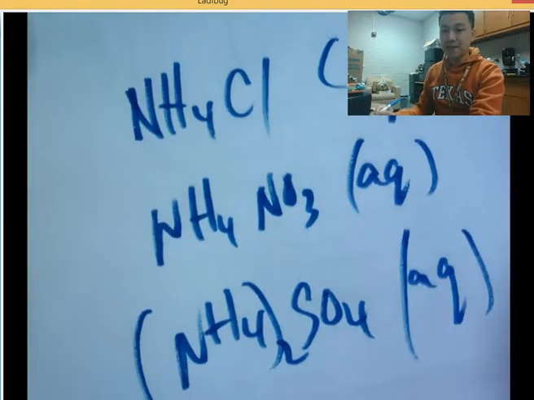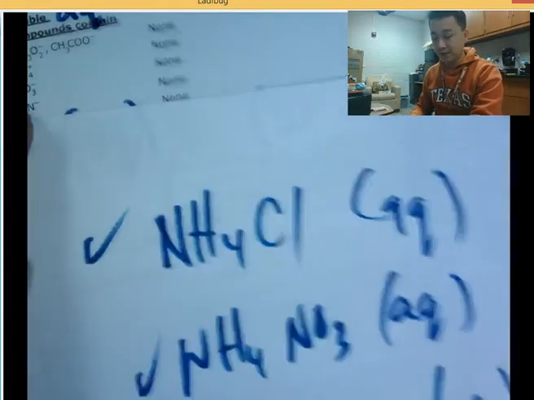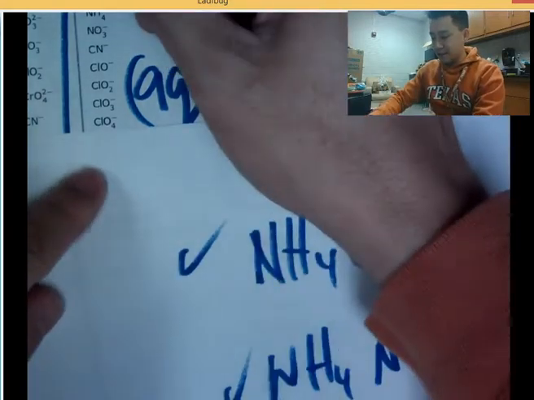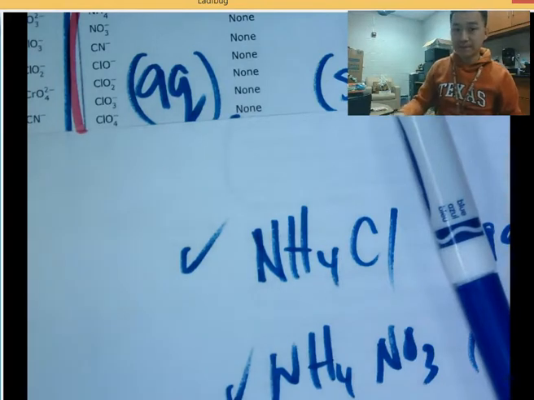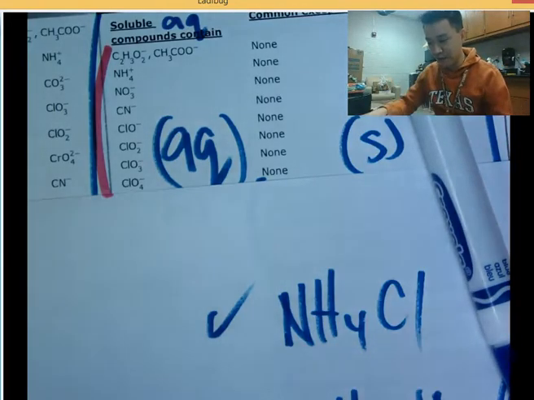So anything with NH4 is aqueous. Same thing with NO3. Anything with NO3 is aqueous. Anything with CN, ClO2, ClO3, ClO4, they're all aqueous. So if you see a compound with them, they're going to be aqueous. They're not going to stick together and remain a solid.